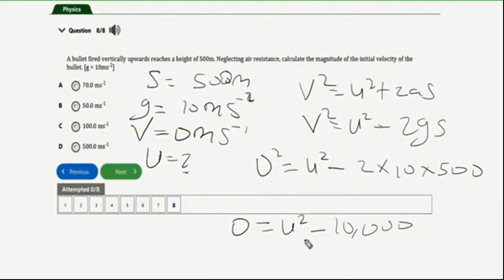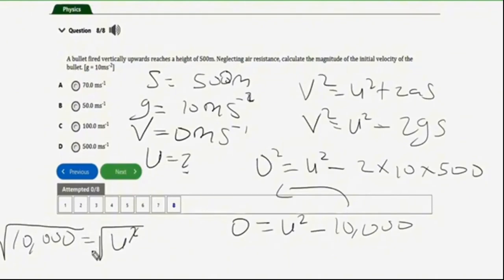We want to make u squared the subject of the formula. This minus 10,000 will cross over the equality sign and we change it to 10,000. So we're going to have 10,000 equals u squared. Now to make u the subject, you square root both sides. So square root of 10,000 will give you 100.